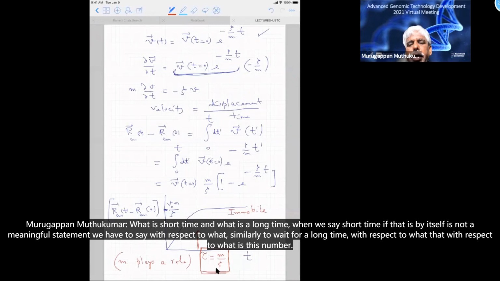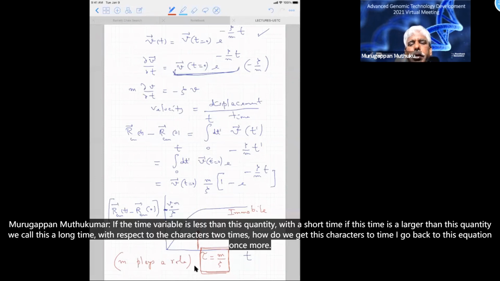We have to say with respect to what. Similarly, when you say, oh, wait for a long time, with respect to what? That with respect to what is this number. If the time variable is less than this quantity, we say short time. If this time is larger than this quantity, we call this long time with respect to that characteristic time. How do we get this characteristic time?